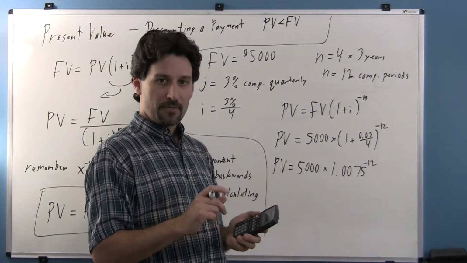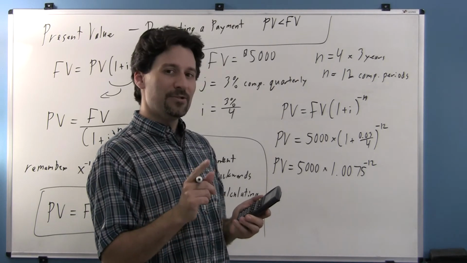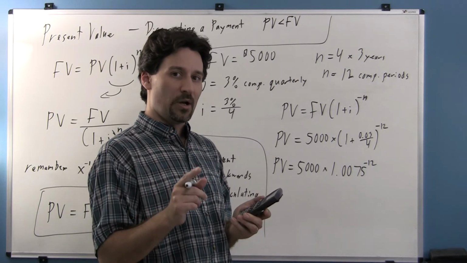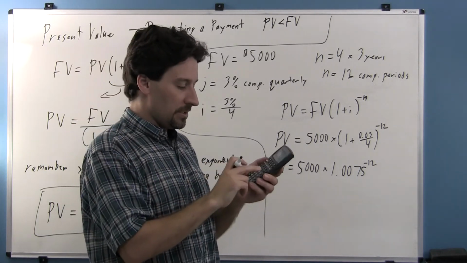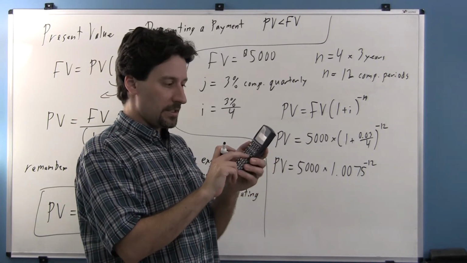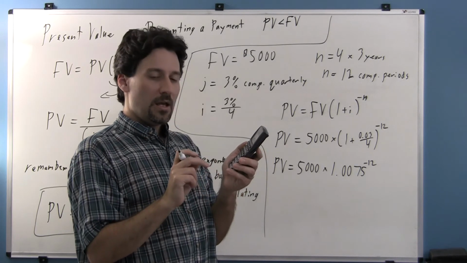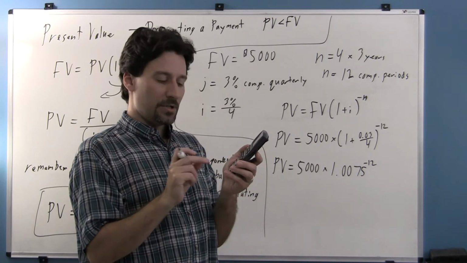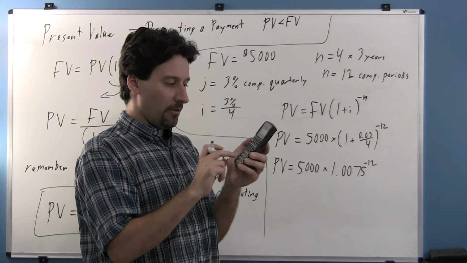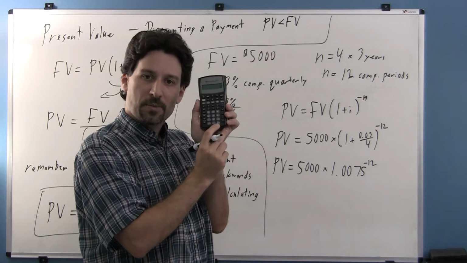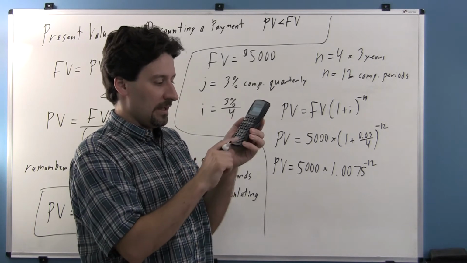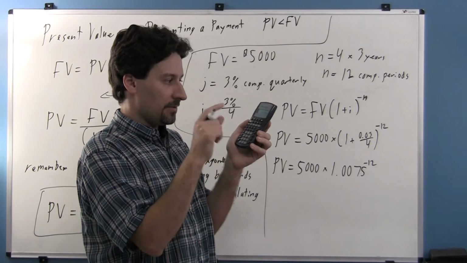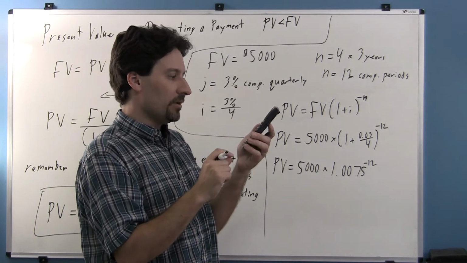1.0075. Now, how do we do it to the power of negative 12? There's a slight trick here. You still hit the exponent button, y to the x, but then you have to say it backwards. You put the number 12 in, then hit the plus minus button to make it negative 12, and now you can hit equals: 0.914.